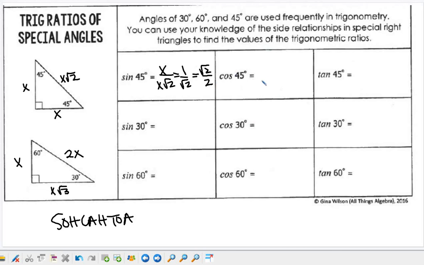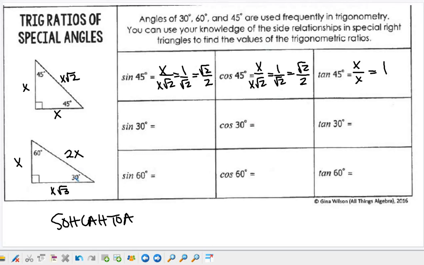Cosine of 45, adjacent over hypotenuse, plays out exactly the same way. Tangent is opposite over adjacent, which reduces to just 1.